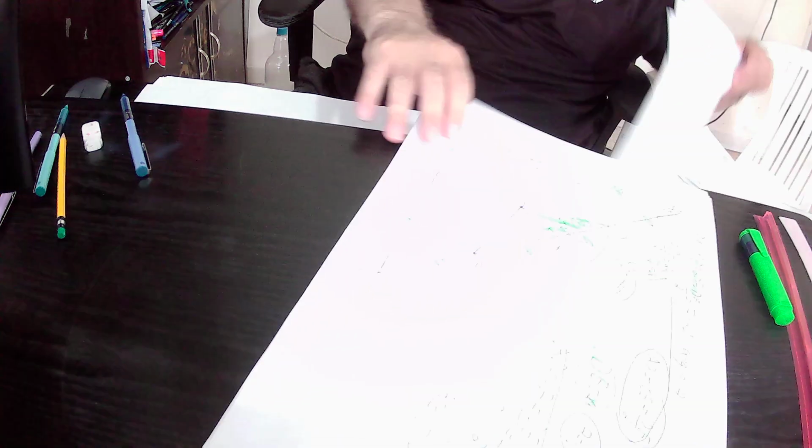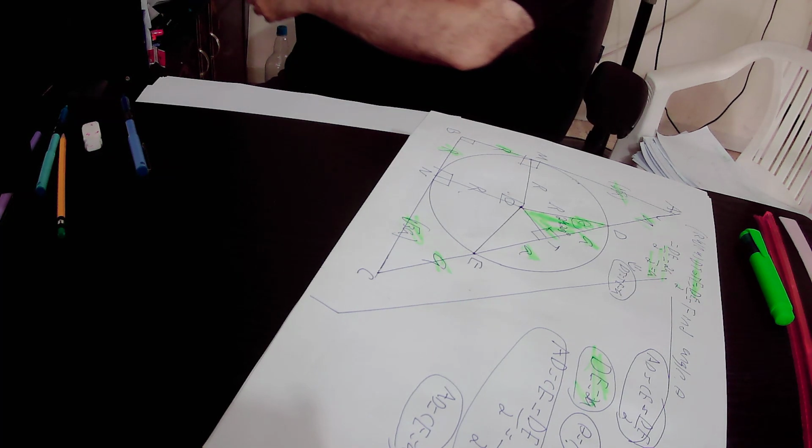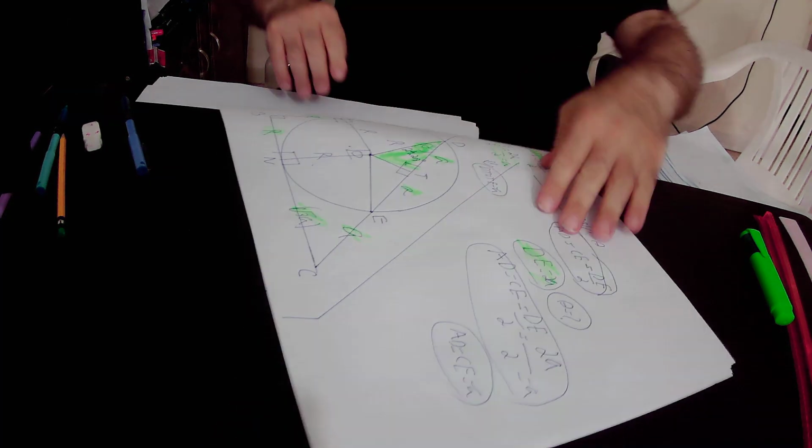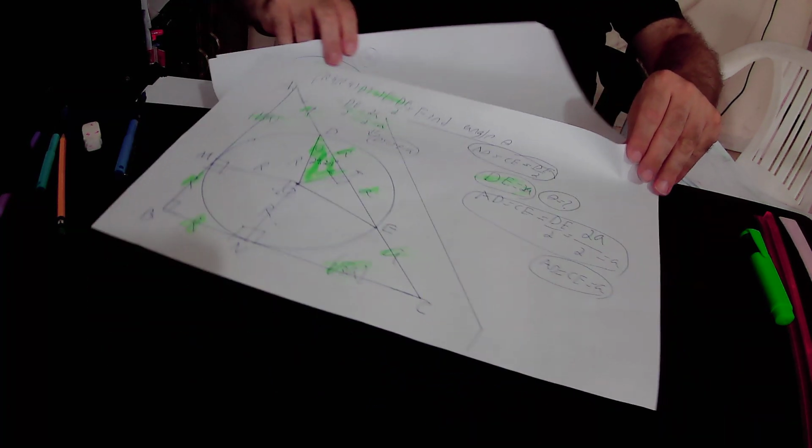Then I presented to you the second question. In the drawing, we have a right triangle ABC.